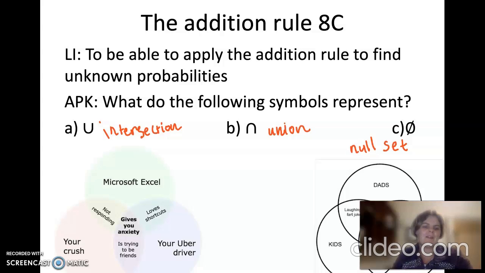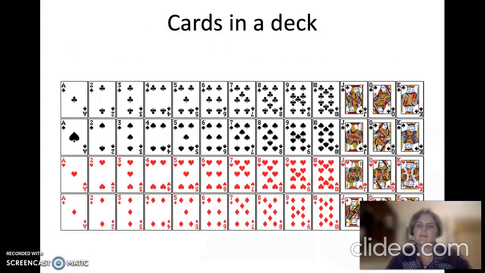And we got a couple of Venn diagrams here. You might see them around some different memes. Something you got to know today is cards in a deck.